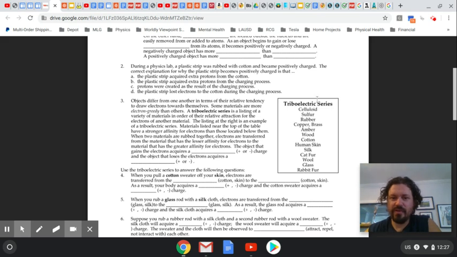So here we go. We've got cotton. We've got celluloid. When I rub my shirt, you can see that my shirt's made of cotton. This is made of celluloid, and so there's going to be a difference in affinity for electrons, and the celluloid is going to be more electron grabby.